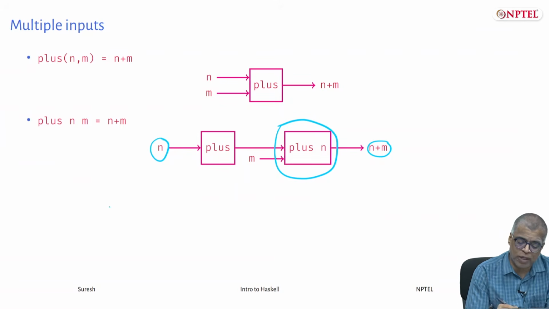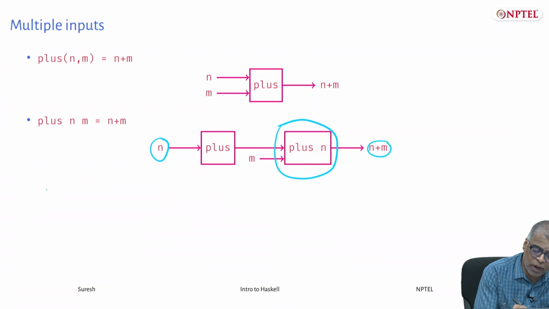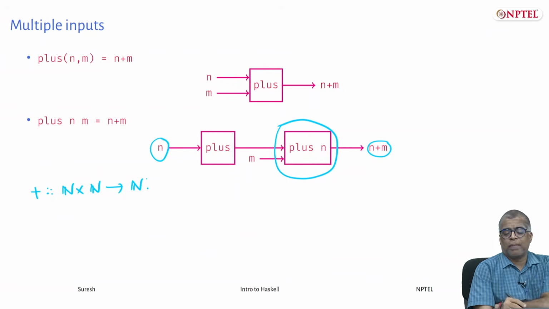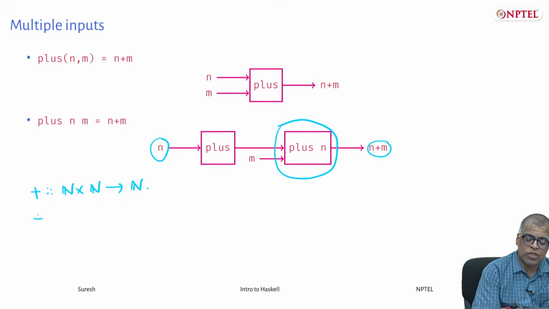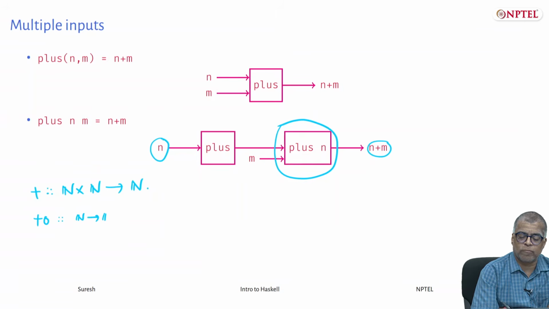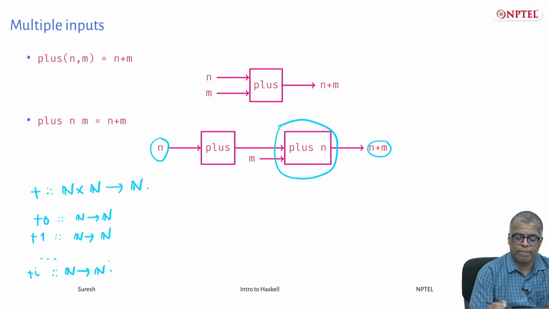And just to specify this in terms of mathematics, you can think of plus as one function from n cross n to n, or you can think of multiple functions plus 0, plus 1, and so on.